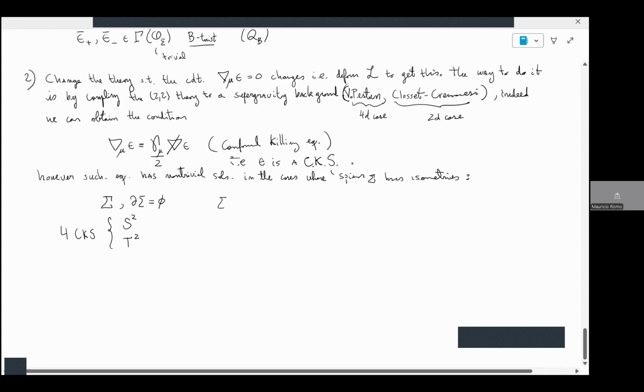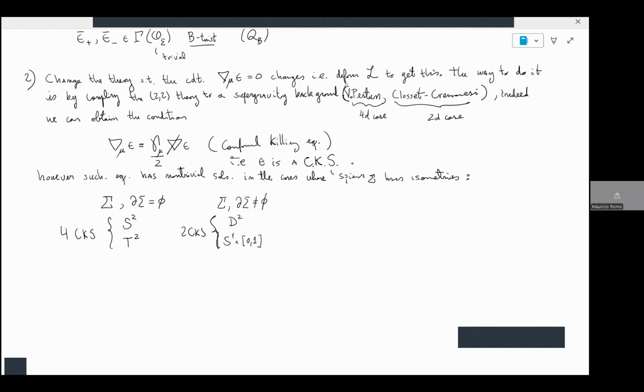In the case that sigma has boundaries, you can have the disk or the cylinder. In such a case, you have 2 conformal Killing spinors.